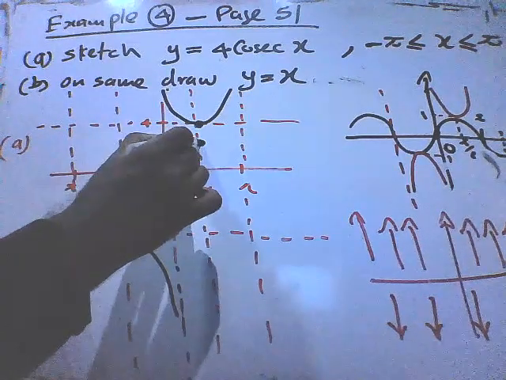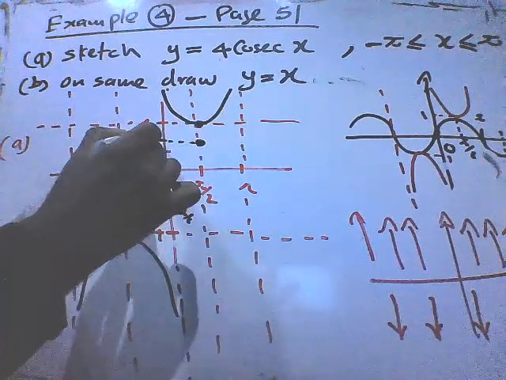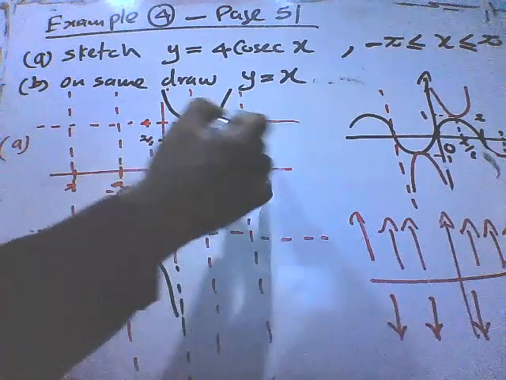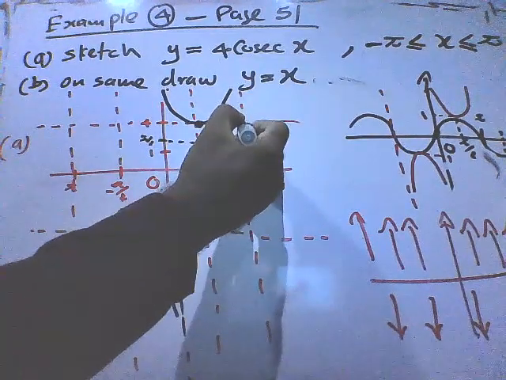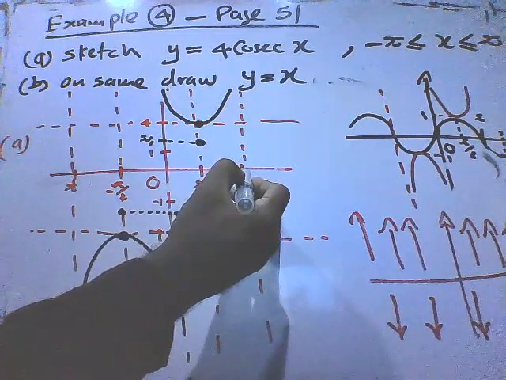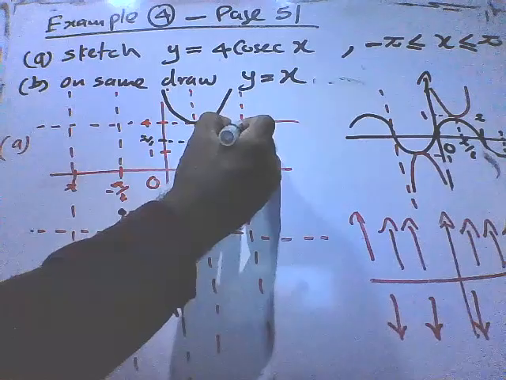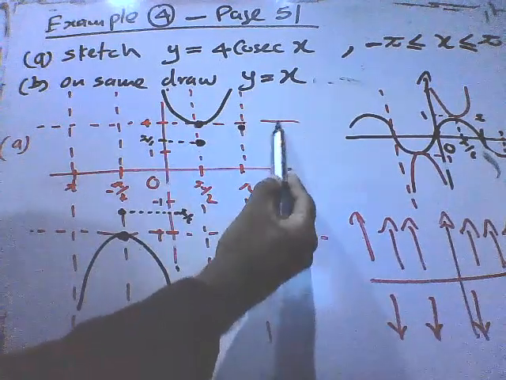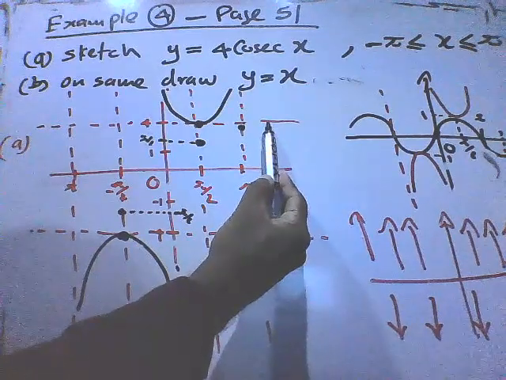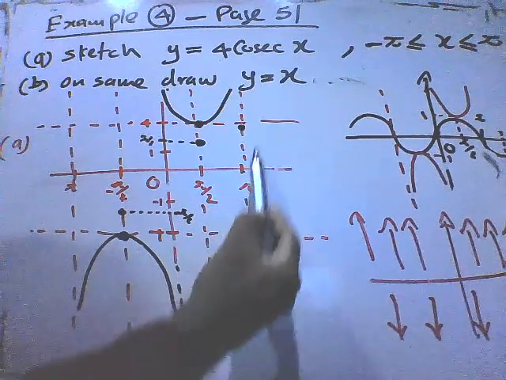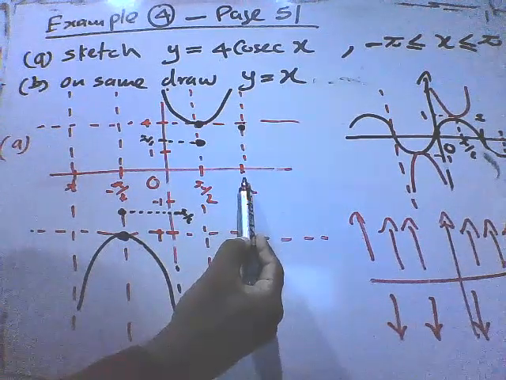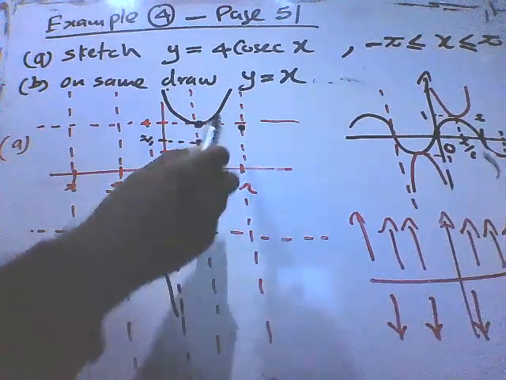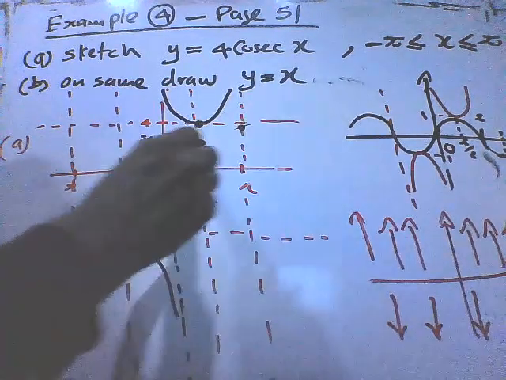This is the coordinate where the x and the y coordinate are equal. Now if we take pi, this is 3.14, which is below 4, so the y equals x line goes from here.